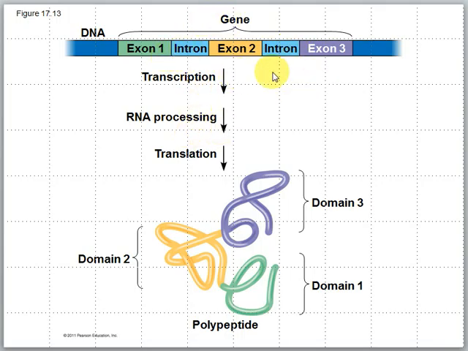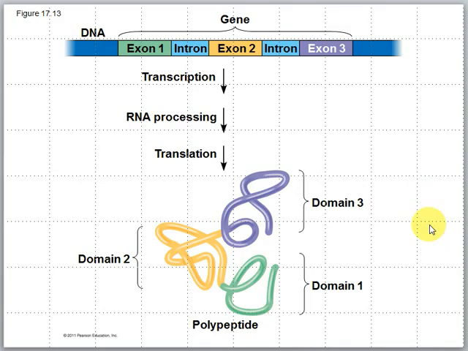So we're going to cut out that intron and cut out that intron, and then that piece of information altogether will create this polypeptide chain with each domain kind of separately coded for by separate exons. So it turns out that there is actually use for these areas that don't specifically code for the proteins. They have a couple of different functions, and it's not just junk or filler or fluff like I might have described it before. Oftentimes those introns have a purpose.